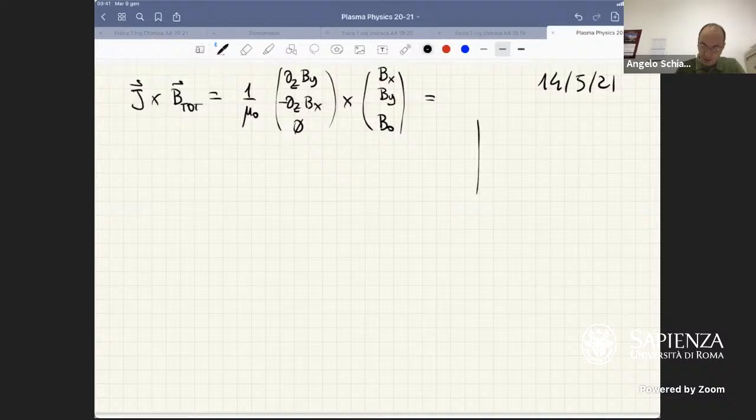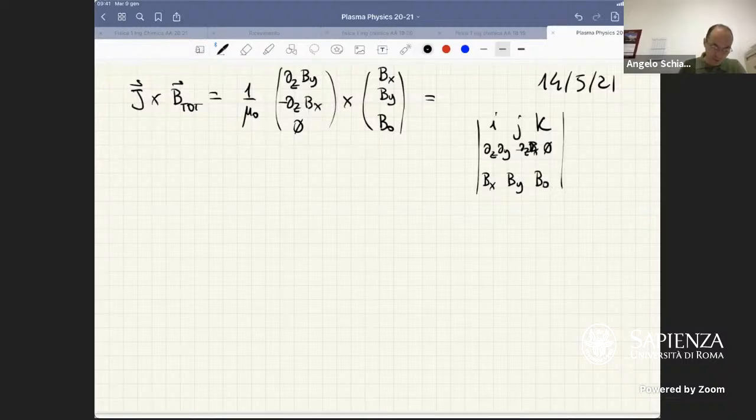So let's write our Cramer rule, i, j, k. Then we have the first row, dz by, minus dz bx, 0, and the second vector is bx, by, b naught.